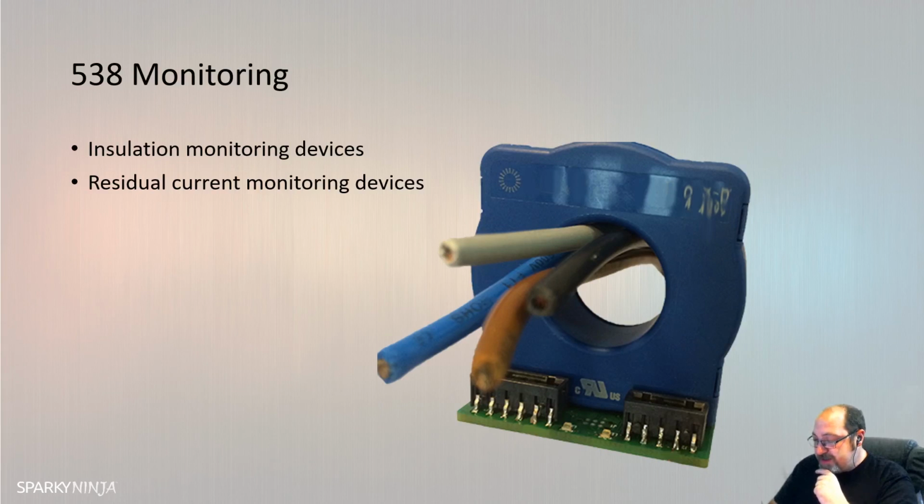It's recommended to use an IMD that signals an interruption of the measurement connections to the system, conductors, and earth. Installation of the IMD. Where a neutral conductor is distributed, the installation monitoring device may be connected to the neutral conductor. In this case, no overcurrent device shall be inserted in the conductor to the IMD.